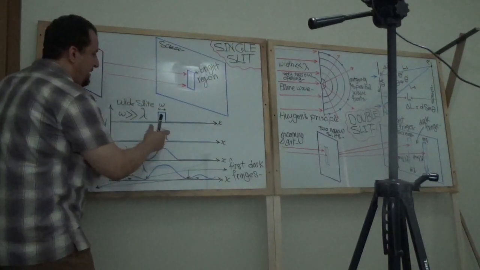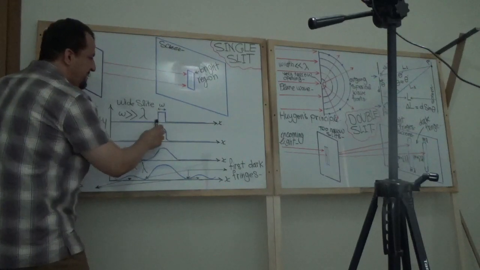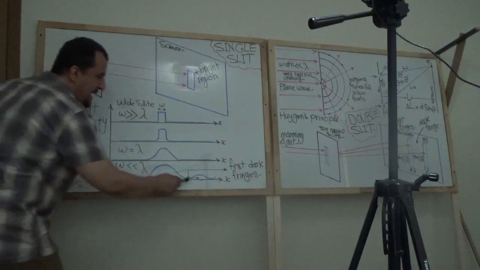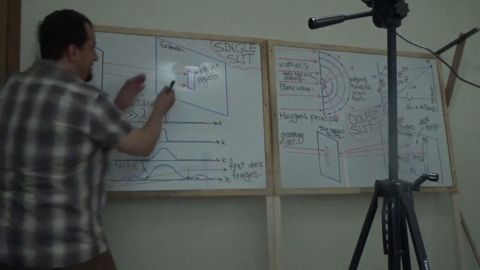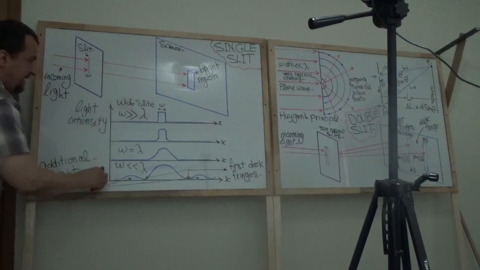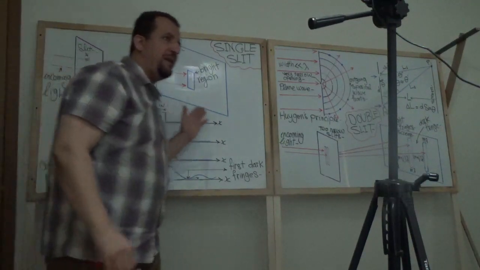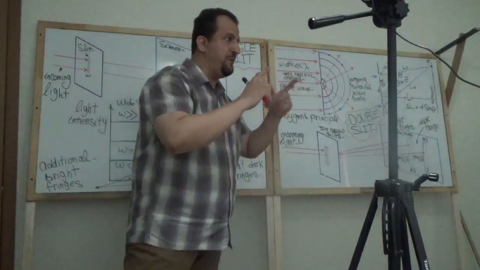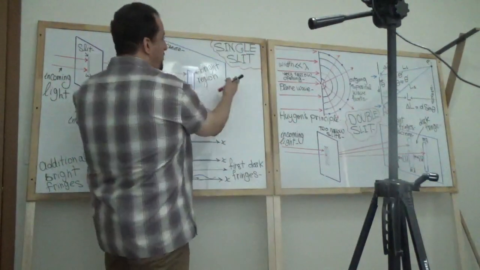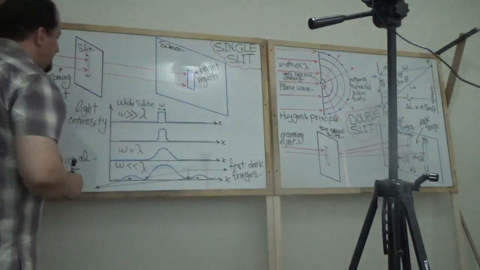You will have this kind of intensity. By the way, here we have a distance which represents the width of the screen, and here we have the light intensity. I show you that in 2 dimensions so you can link the intensity to the width of the screen.